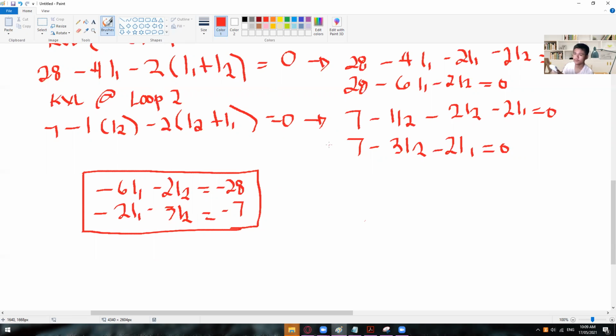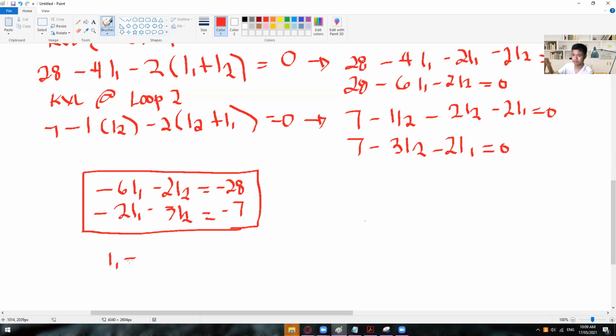Anyway, from here we can use the simultaneous equation solver, with negative 6, negative 2, negative 28, and then negative 2 again, negative 3, and negative 7. For I sub 1, whichever one you've used as your unknown variable, that is the answer for that variable.